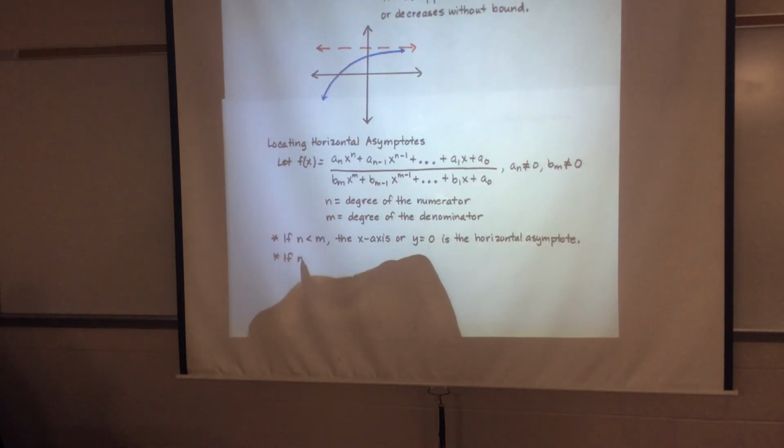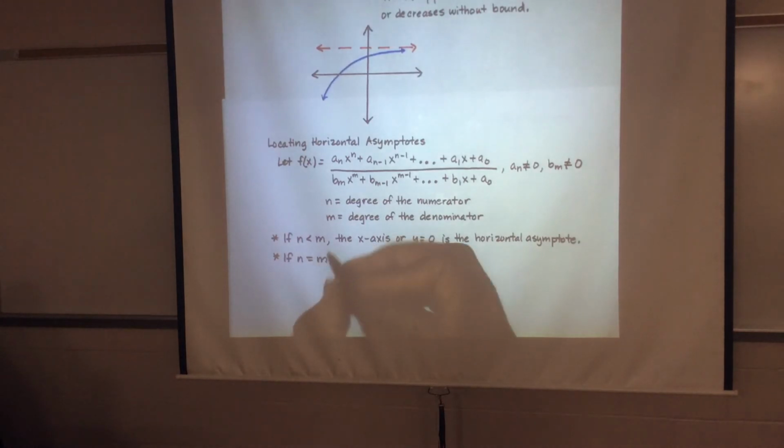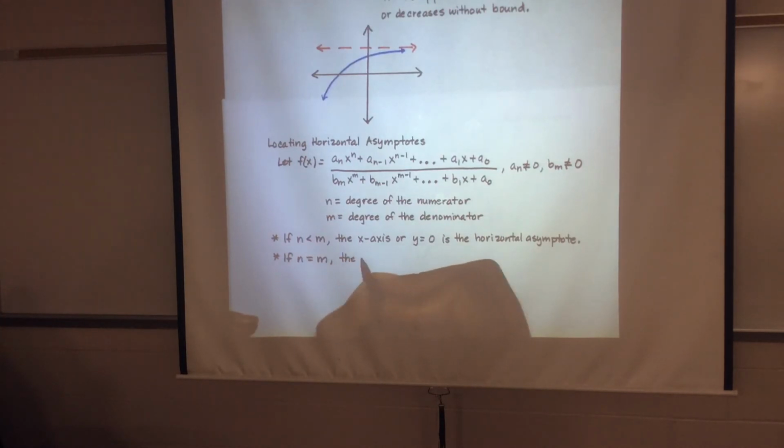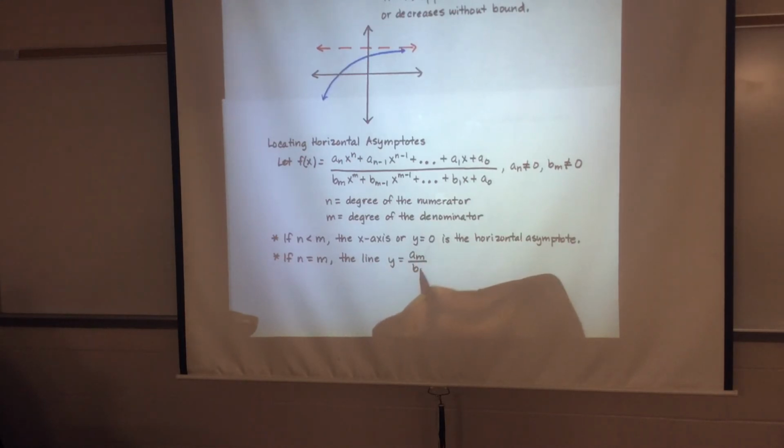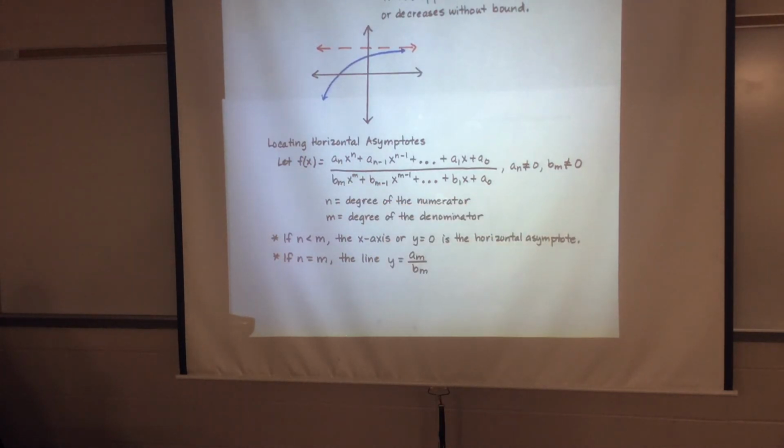Now the second case is where n is equal to m. If the highest exponent in the numerator equals the highest exponent in the denominator, then you're going to look at your leading coefficients to get your horizontal asymptote. That would mean the line y equals a sub n divided by b sub m: the leading coefficient in the numerator over the leading coefficient in the denominator.